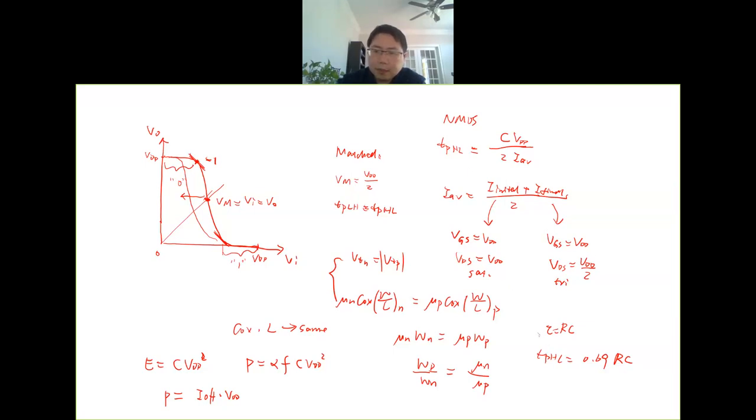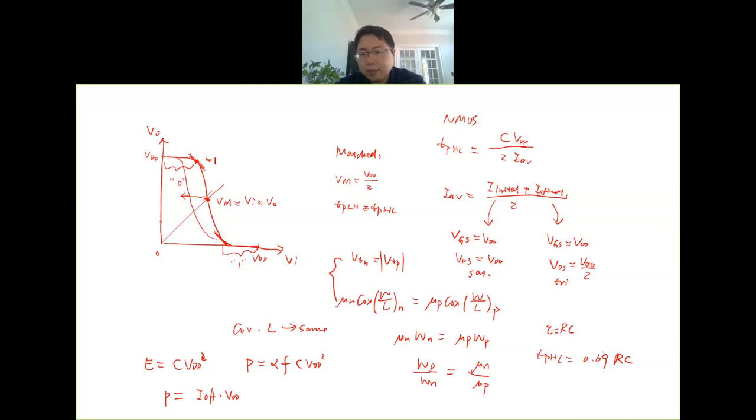And then the second method is this RC equivalence. If you just approximate the transistor as a resistor, then you just consider the time constant because it's a first order RC circuit. The time constant tau is RC. And for the TP-HL, we have this 0.69 RC.